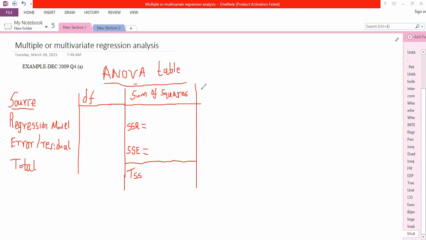After which we find what we call the mean sum of squares. You can write it in full, mean sum of squares.